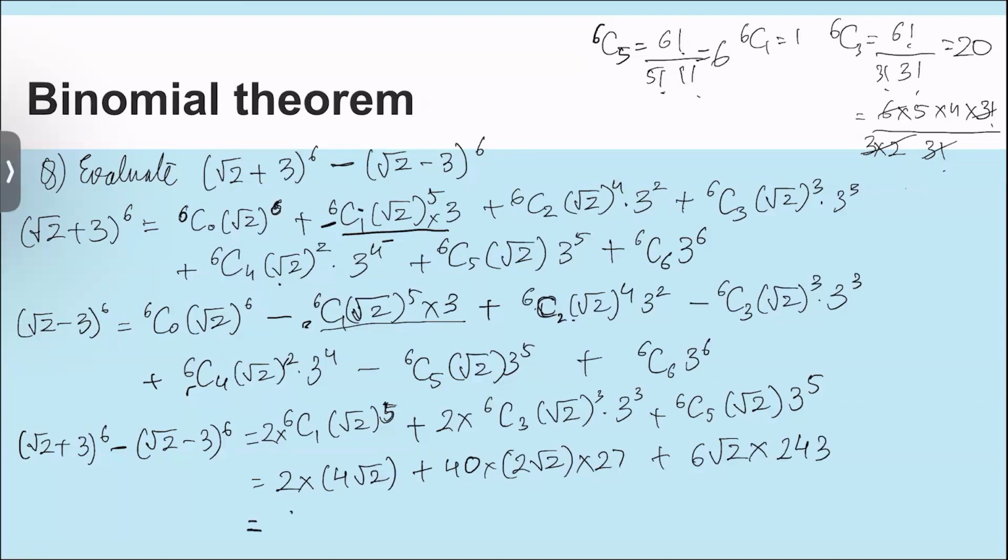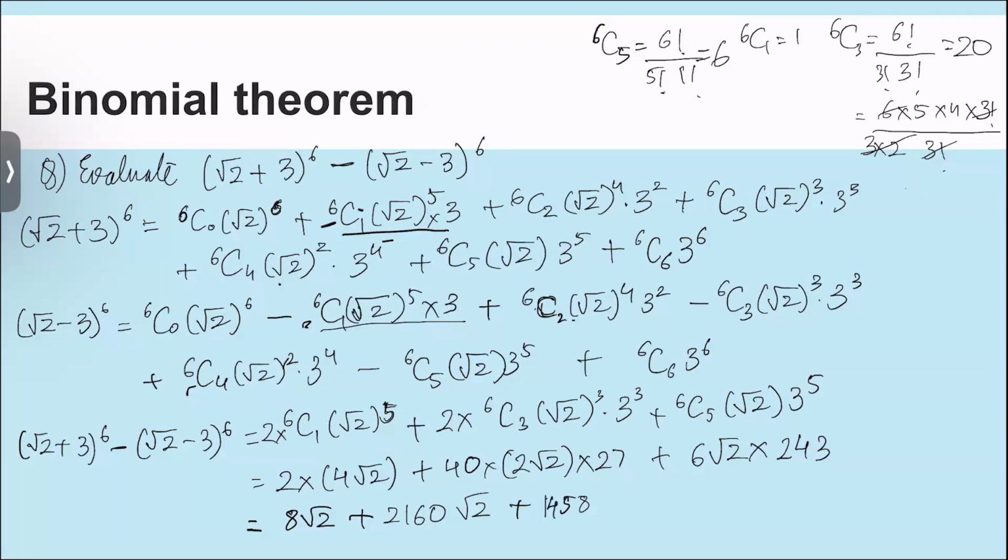Now if you multiply, 8√2 plus this would be 27 multiplied by 40 multiplied by 2. So this is 2160√2. And this one would be 243 multiplied by 6, so that is 1458√2.